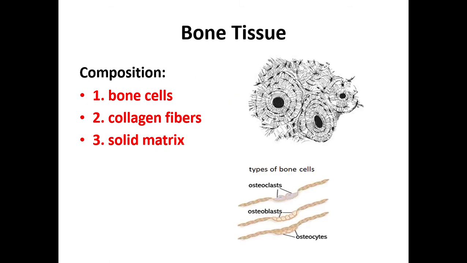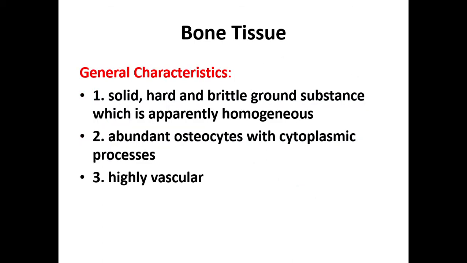The bone tissue or osseous tissue is composed of the following: bone cells, collagen fibers, and a solid matrix. So there are three components of the bone tissue.